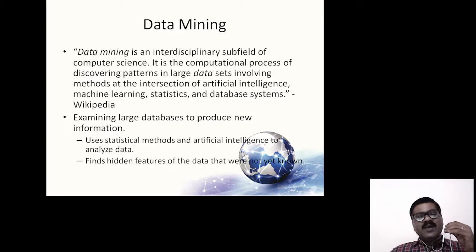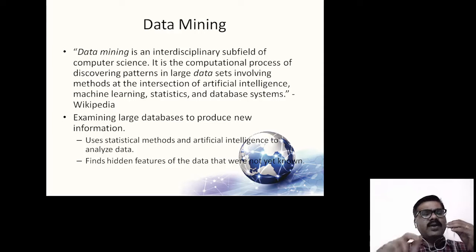The definition of data mining is very generic. If you search the internet, you can get hundreds of definitions. What it does is examine large databases to produce new information, and it uses statistical methods and artificial intelligence to analyze that data.